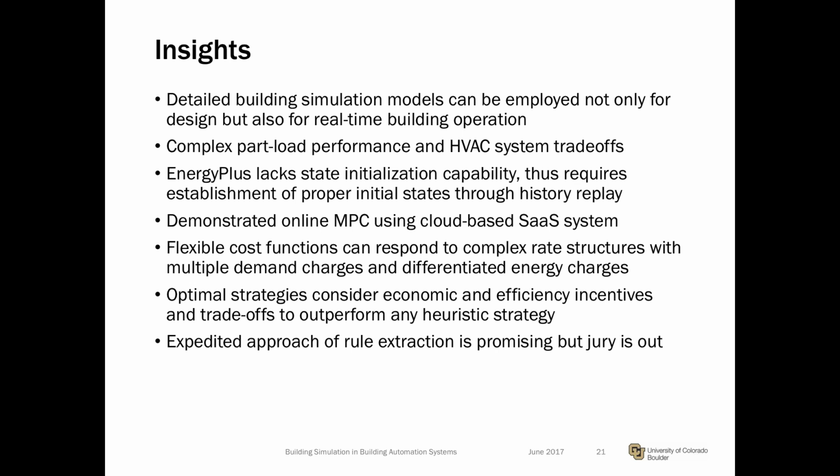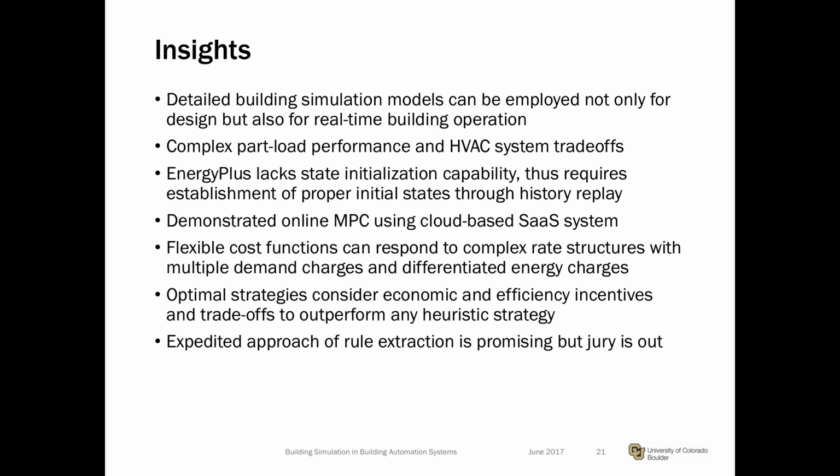I've shown you an online model predictive control example using a cloud-based software as a service system. That system is able to respond to very complex cost functions with multiple demand charges and multiple additional constraints on the cost function and building operation.